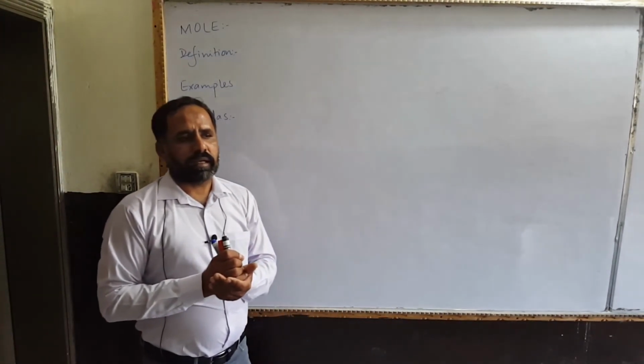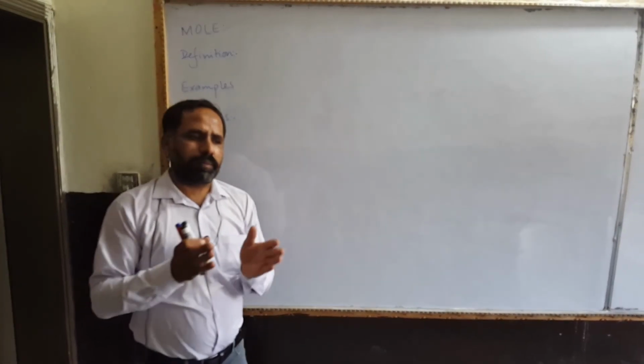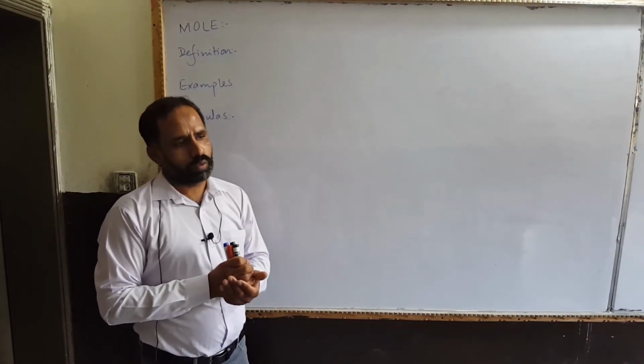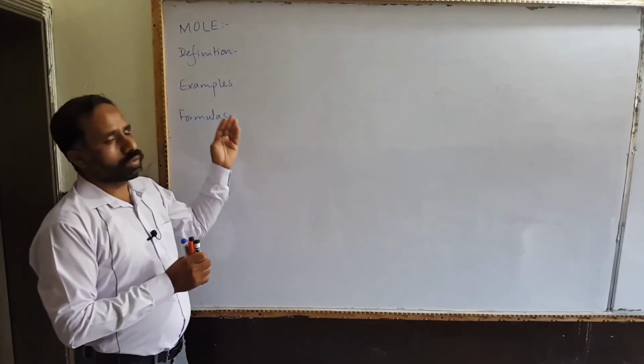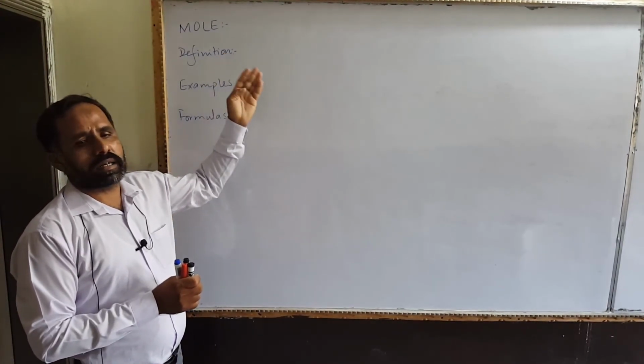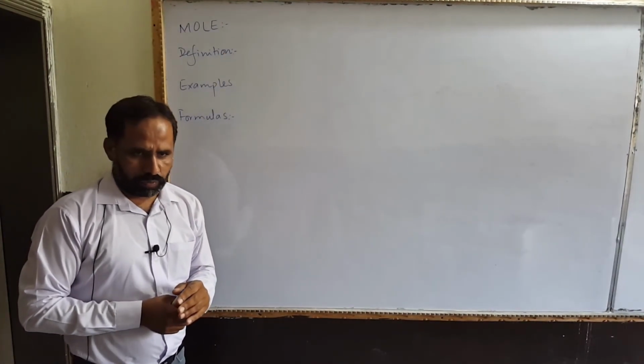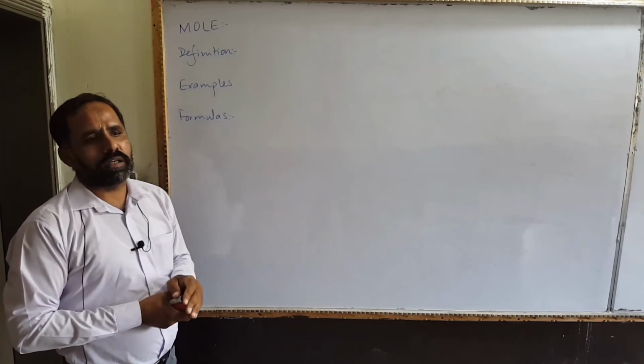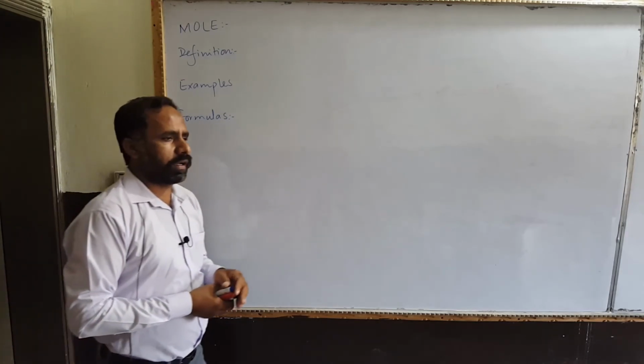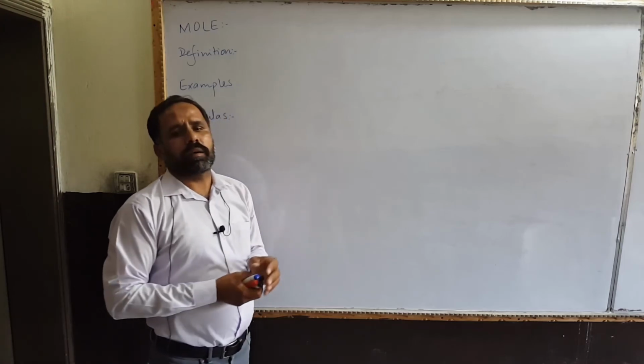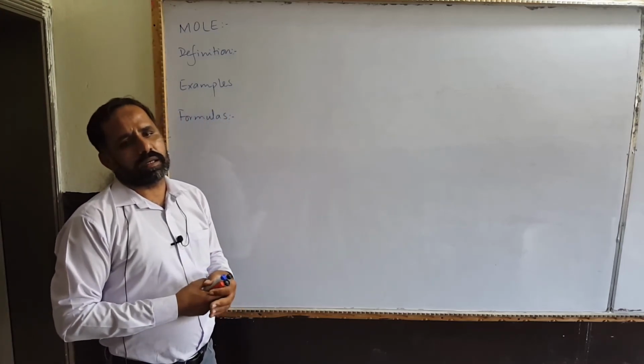Initially we discussed that atomic masses of the elements are measured in atomic mass unit. But here we use the word gram instead of AMU, because to calculate the number of moles we have to take the masses of the substances in grams.